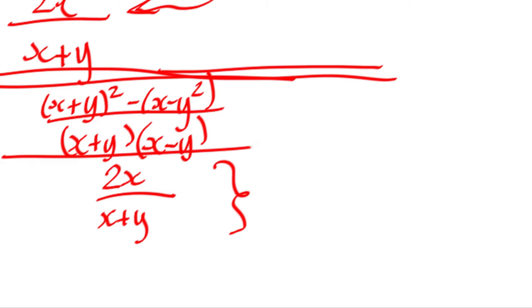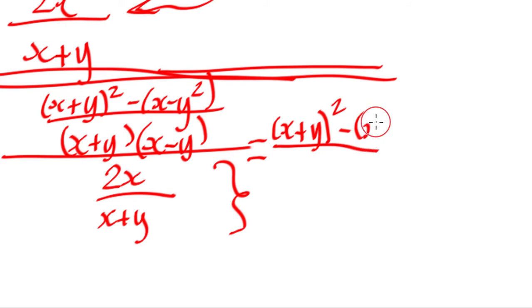So we're going to write it as x plus y quantity squared minus x minus y quantity squared all over x plus y times x minus y.